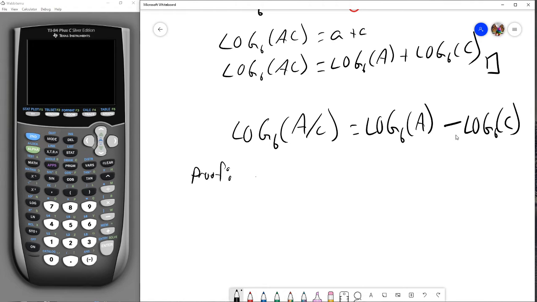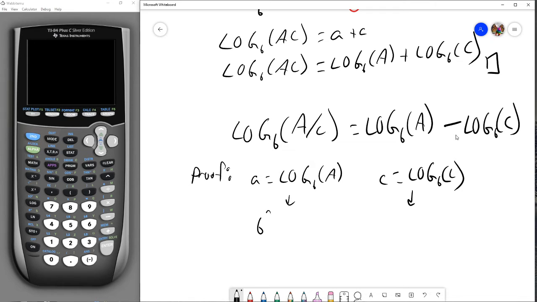Let's say a is equal to log base b of a, and c is equal to log base b of c. Then we can rewrite each of these as exponentials.